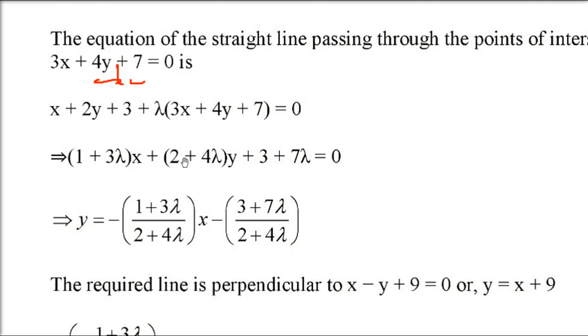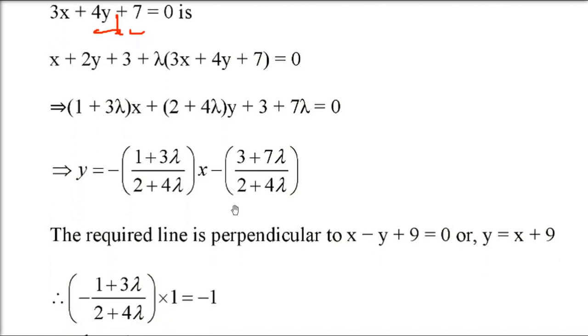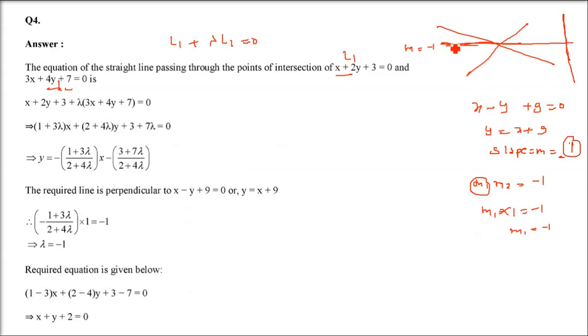That is 2 plus 4 lambda will be in the denominator and 1 plus 3 lambda and 3 plus 7 lambda on the right hand side. So you have y equals mx plus c form. So m you can see minus 1 plus 3 lambda by 2 plus 4 lambda. M is this, the coefficient of x. The slope we have already found out, which is minus 1.